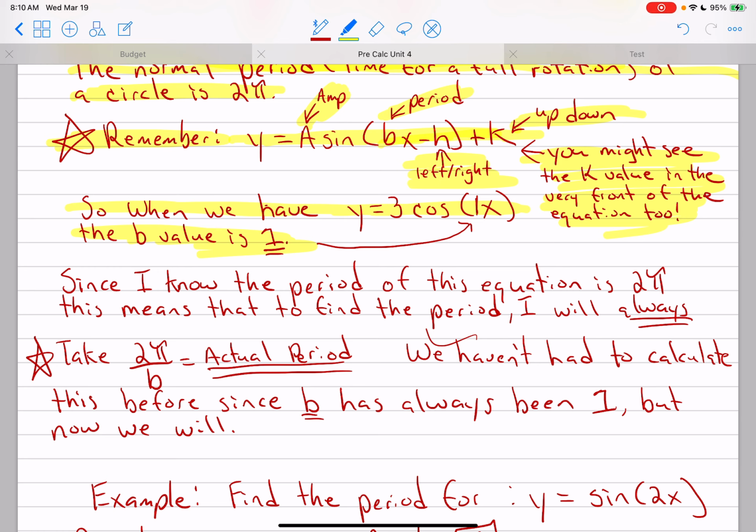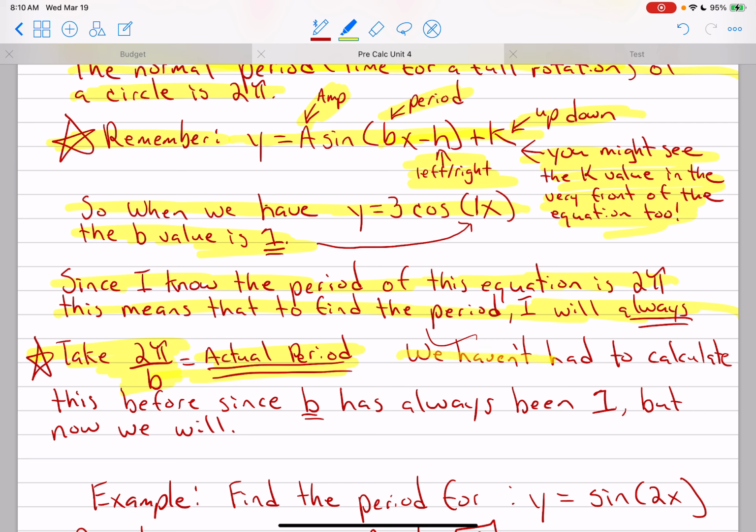So now let's make some more connections. Since I know the period of this equation is 2 pi, this means that to find the period of an equation, I always have to take 2 pi and divide it by b, right? That's going to give me the actual period, right?